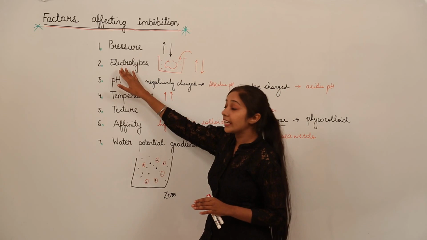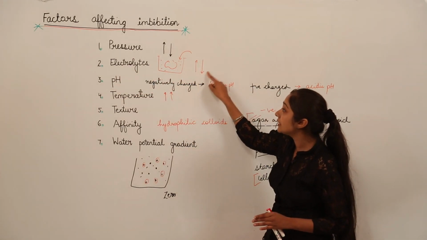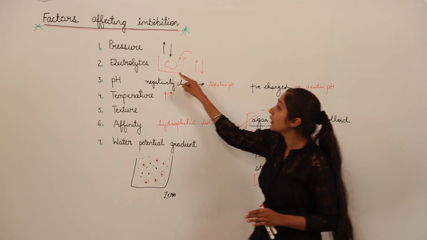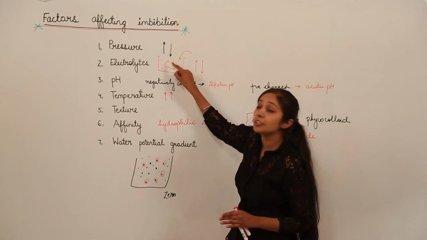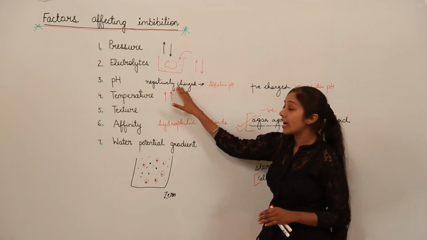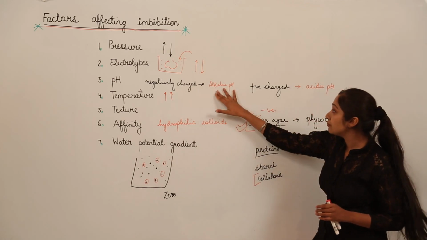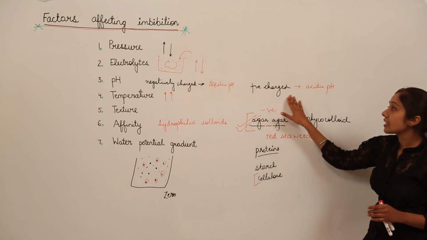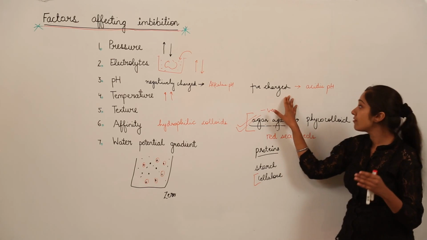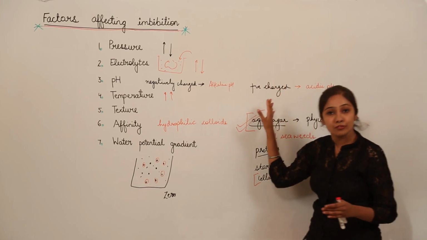Then if we talk about electrolytes, addition of electrolytes is also going to lead to a decrease in imbibition, because this is going to neutralize the charge present on the solid particle. Talk about pH: negatively charged hydrocolloids are going to imbibe at a faster rate in alkaline pH, and positively charged hydrocolloids are going to imbibe faster at an acidic pH. So it is different for different types of colloids.